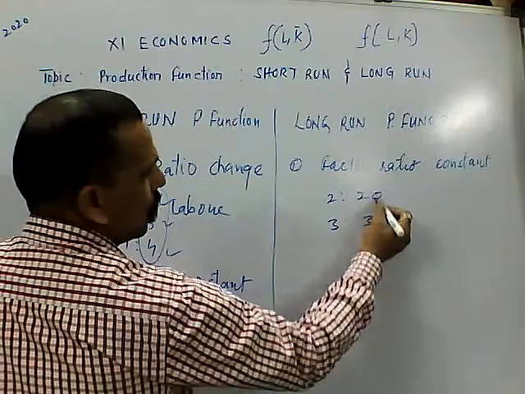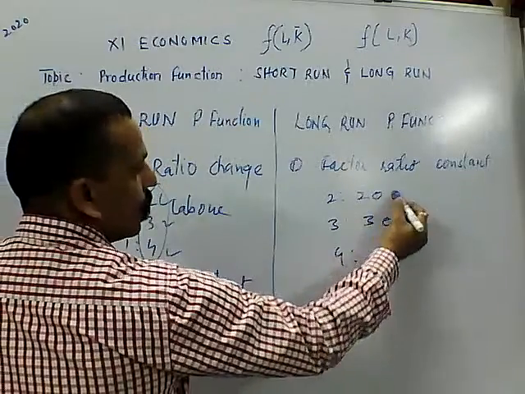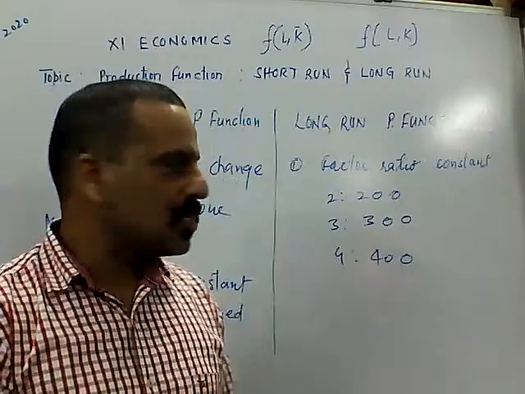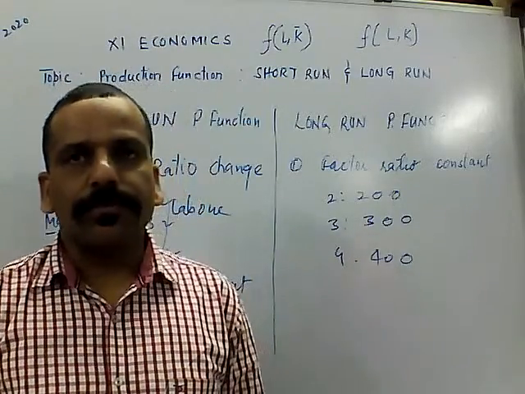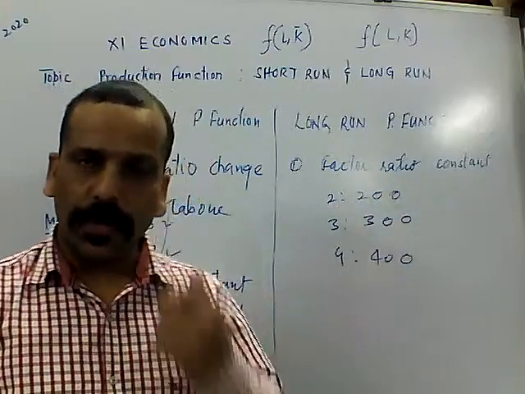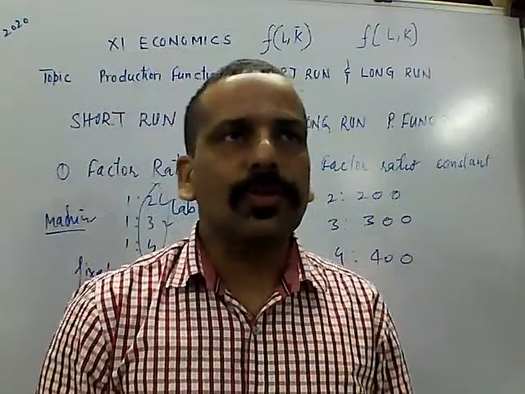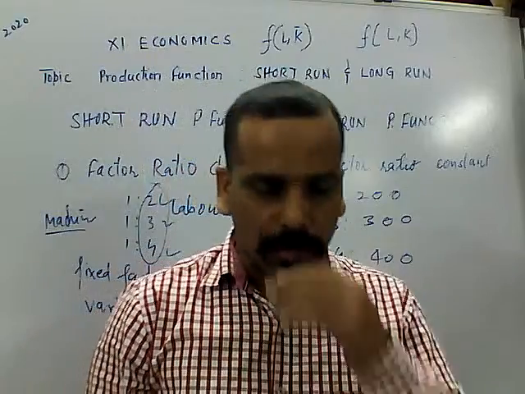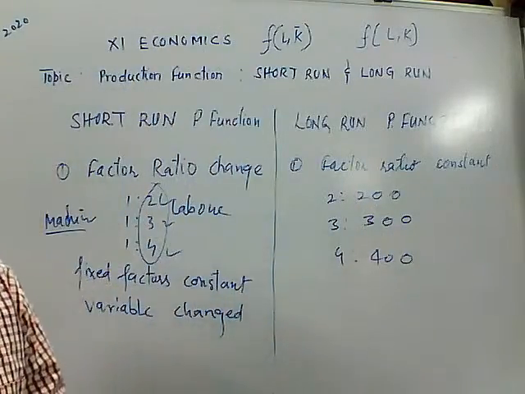It may be like this 20, 30, more than 40, or maybe 200, up to the size of the company. Got it? Where we have medium or large scale companies, there we hire more workers. If you see the Ambuja cement plant, Ambuja is not going to hire 1 or 2 workers, but 200, 300, 400, so the number of workers is more, up to the size of the plant.